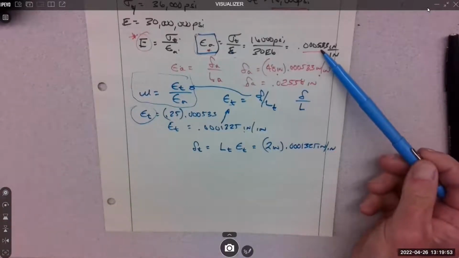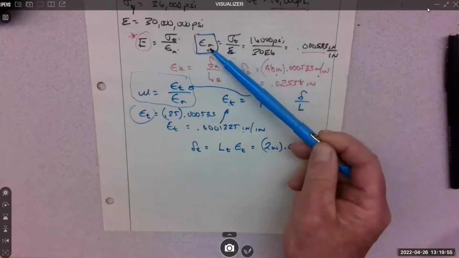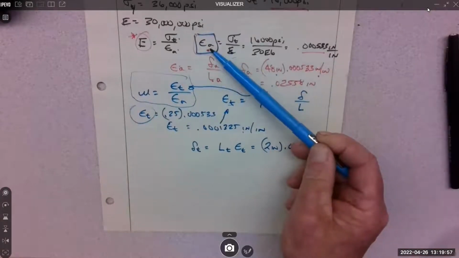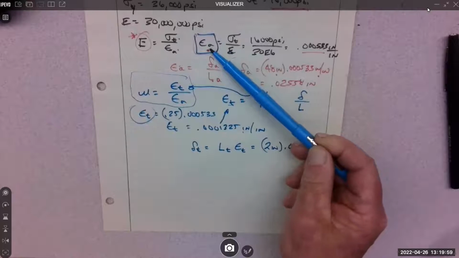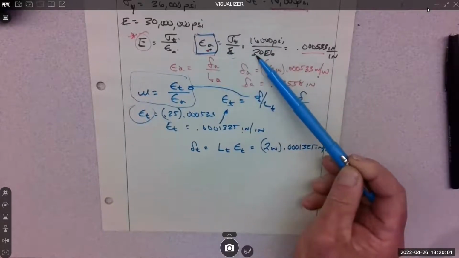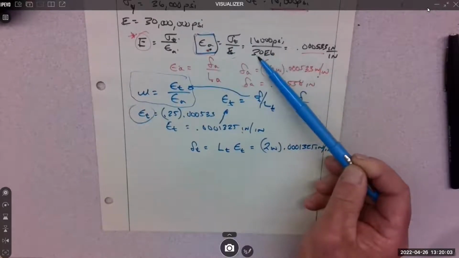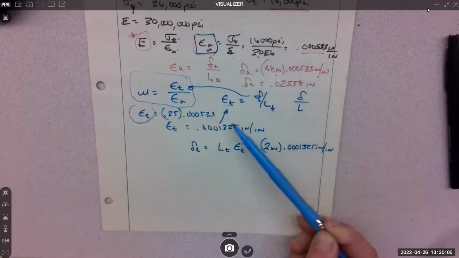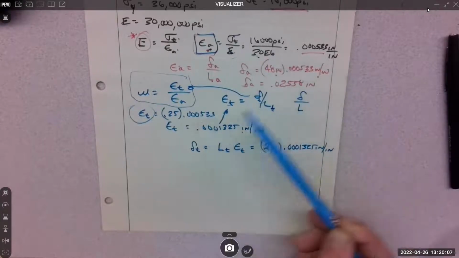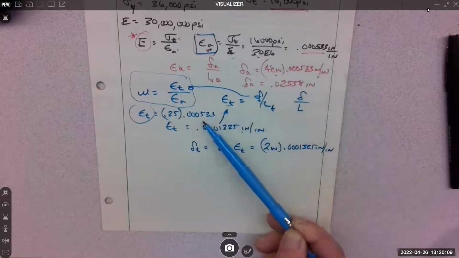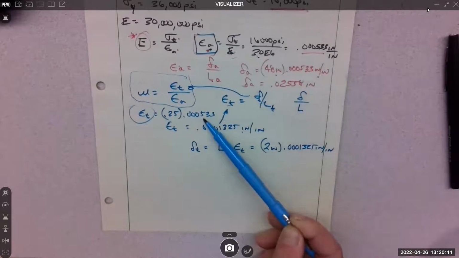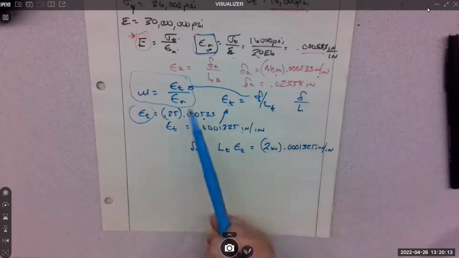This is strain A, because I took the stress divided by E. So this is E A, right?